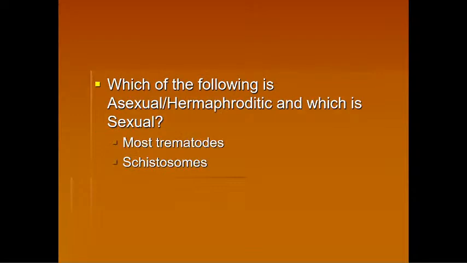Now, which of the following organisms are hermaphroditic, or asexual, and which is sexual? Is it trematodes or schistosomes? Most trematodes are asexual, meaning they are hermaphroditic. They are also parthenogenetic, self-fertilizing organisms.